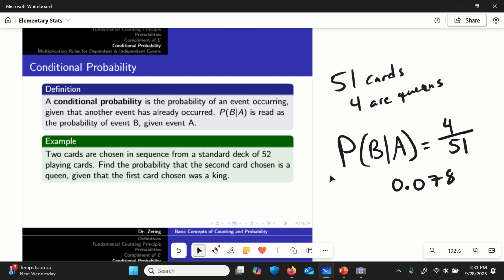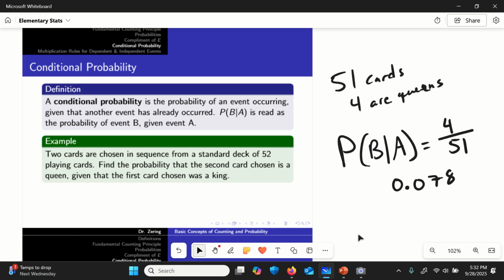So that's computing a conditional probability. I had to take into account that it was no longer 52 cards, so that denominator was affected, which changes the fraction overall, which changes the probability overall. So with this conditional probability stuff, we're starting to look at a sequence of events occurring rather than just a single event.